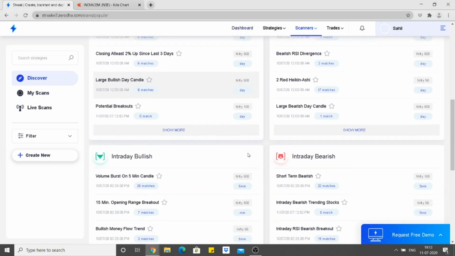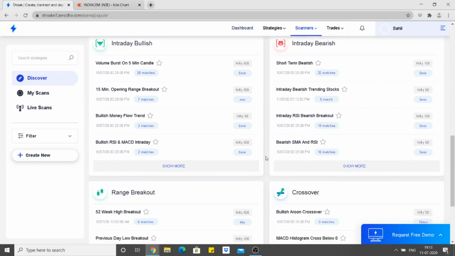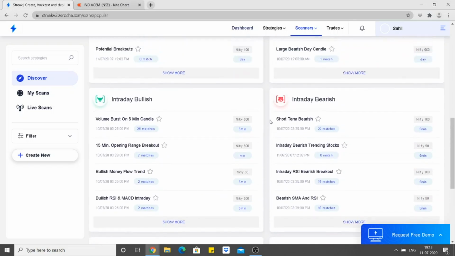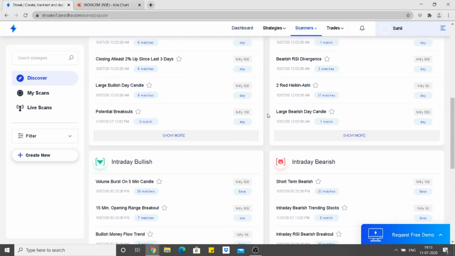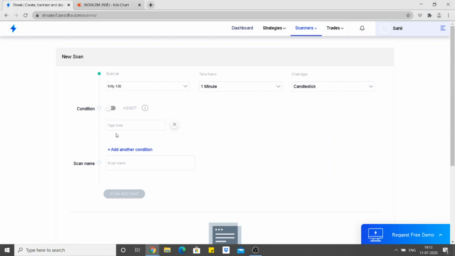We have intraday bullish and intraday bearish scanners. So there are scanners available on almost every time frame, which every kind of trader likes to use. One of our most popular scanners is the range breakout scanners. So you can make use of all of these, or you can take some inspiration from these scanners and make your own scanners. Okay. So without any further ado, let's create our next scanner.